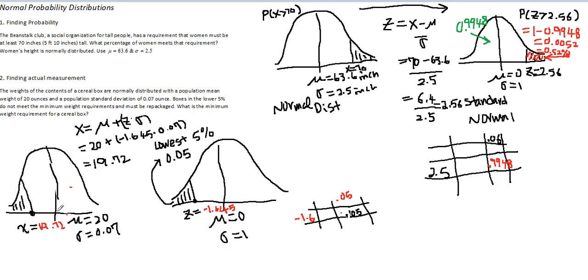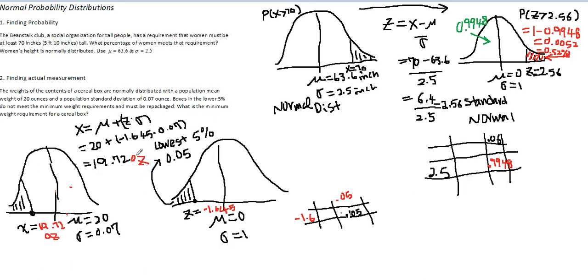Whenever you select a box and it weighs less than that, we will have to repackage it, because it's in the lowest 5% of the cereal boxes.